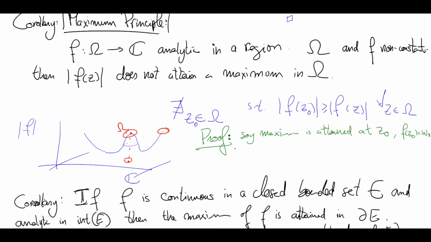We know that we can take a little ball around z0 with radius epsilon, such that it's still analytic there, still in the region.